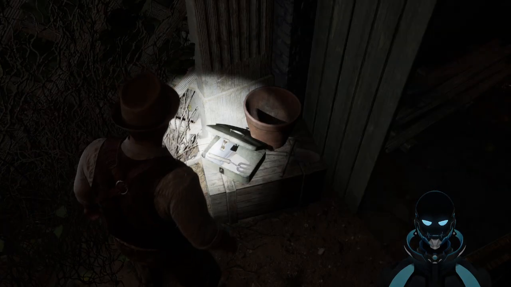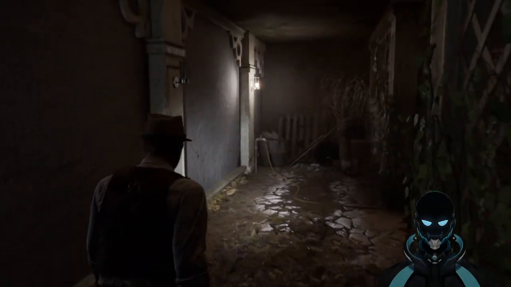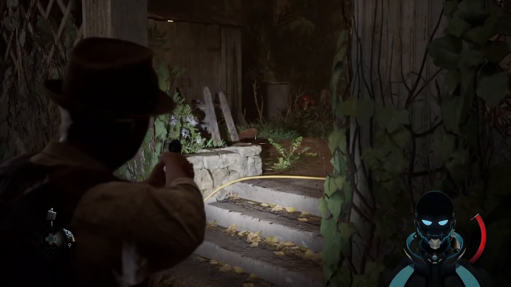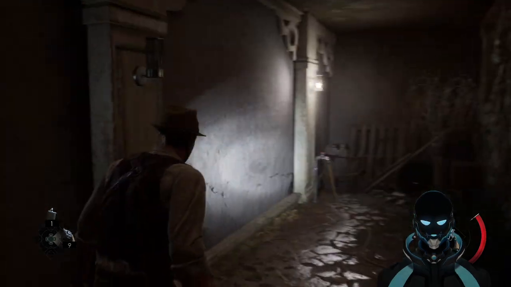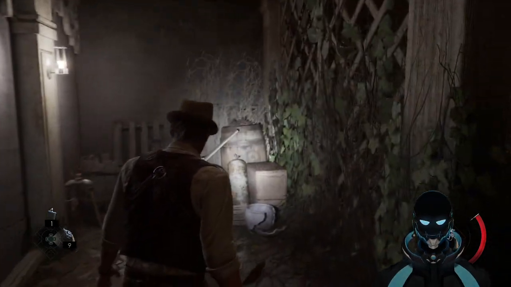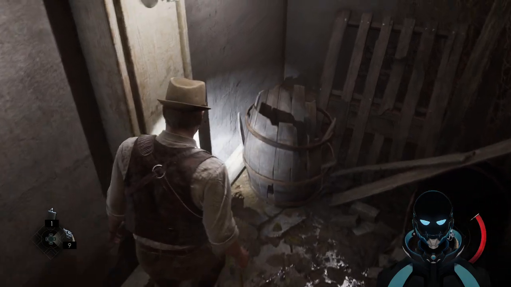You know, just bullets hanging around. I actually like the idea that, hey, he didn't come up with backup ammo because he's not expecting to use his gun. So he just came with 6 bullets in the gun.